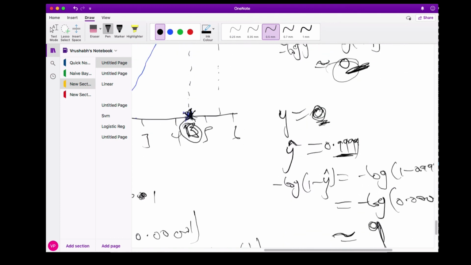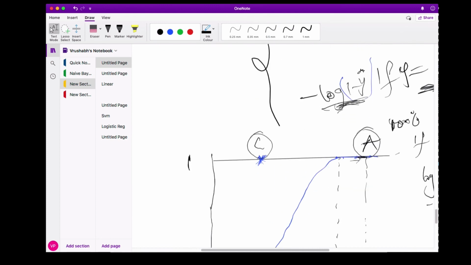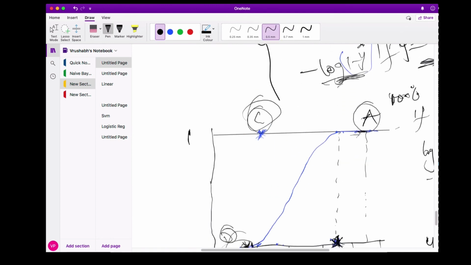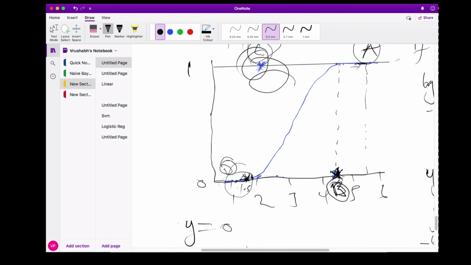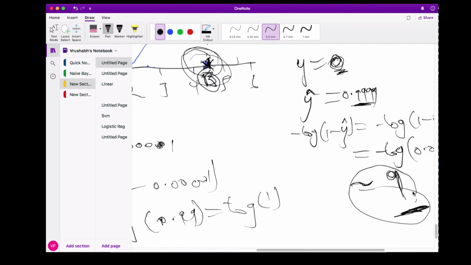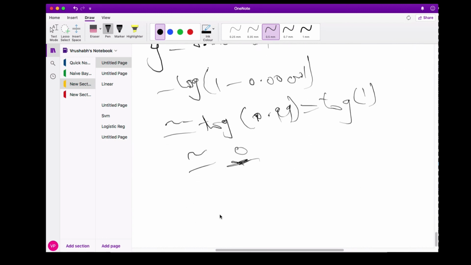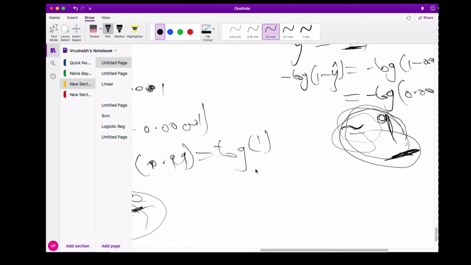But if we have a wrong classification, just like this one, we can see that the log loss is higher, which is approximately 9. We can do the same thing for this one, and you find out that it's also approximately 9. So if you have a wrong classification, the log loss is high, but if you have a right classification, the log loss is almost 0.